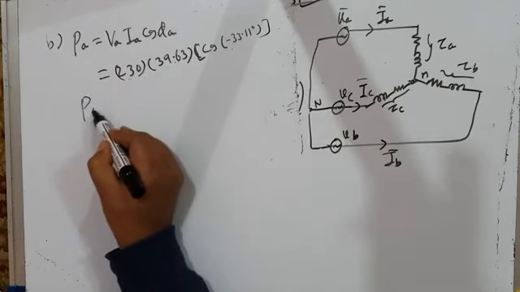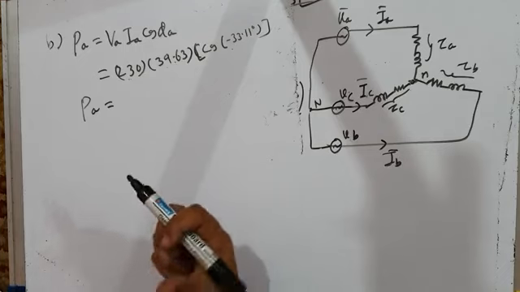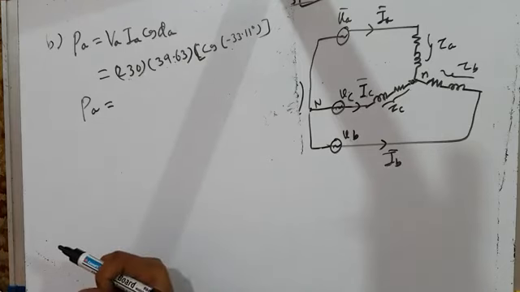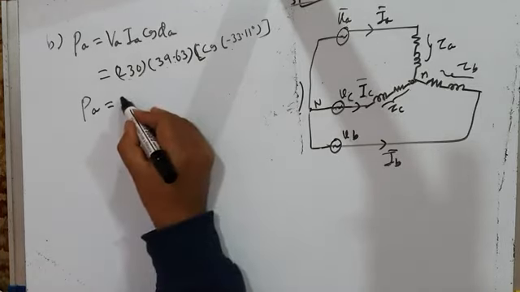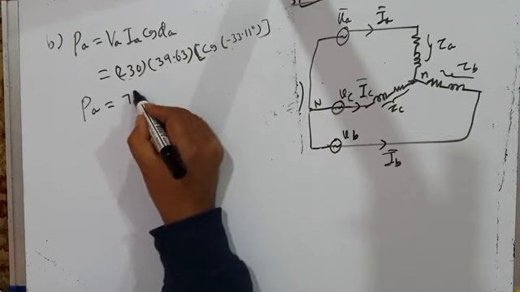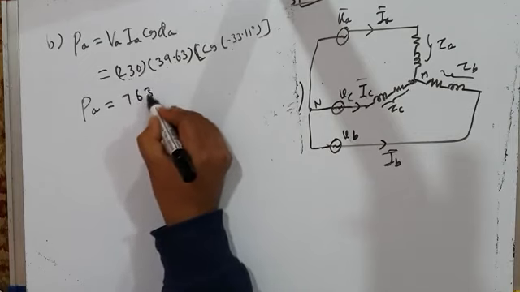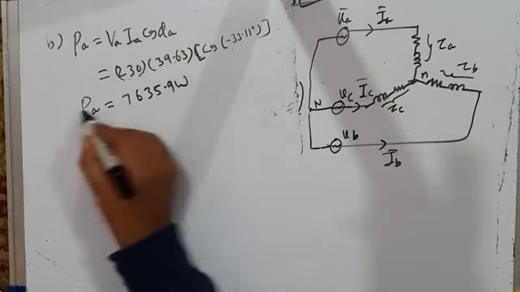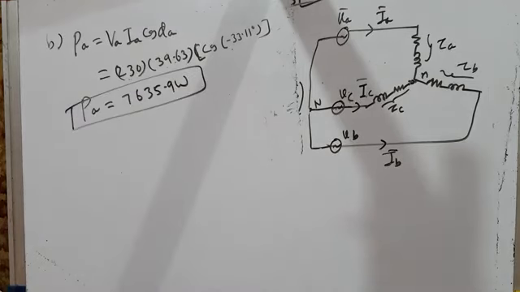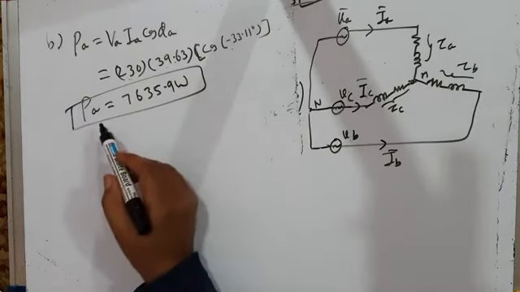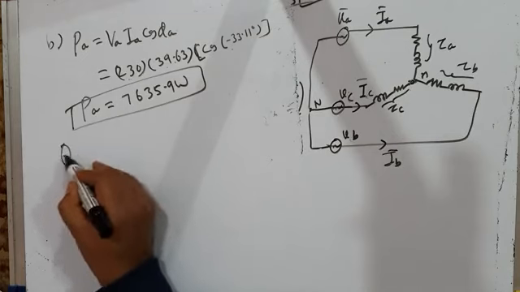So this gives you the active power that phase A is consuming from the source, and this comes out to be 7635.9 watts. That means phase A consumes this much active power. What about reactive power?